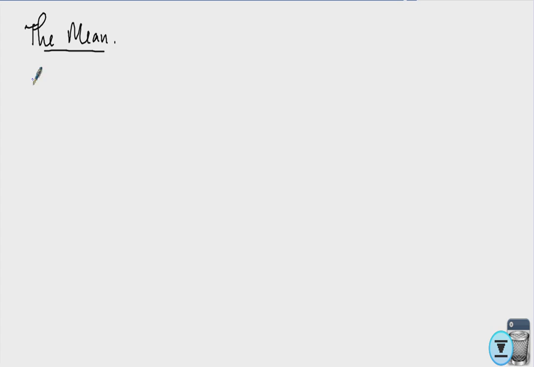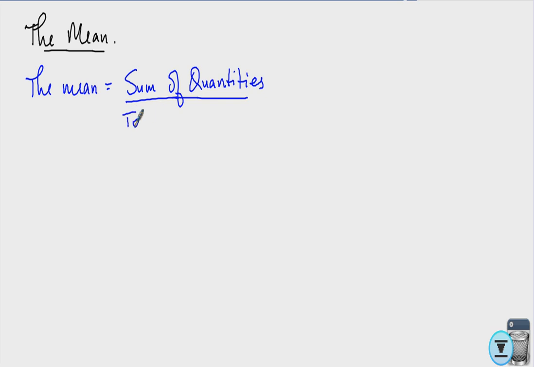How do you find the mean? The mean is found by using the formula sum of quantities divided by total number of quantities.